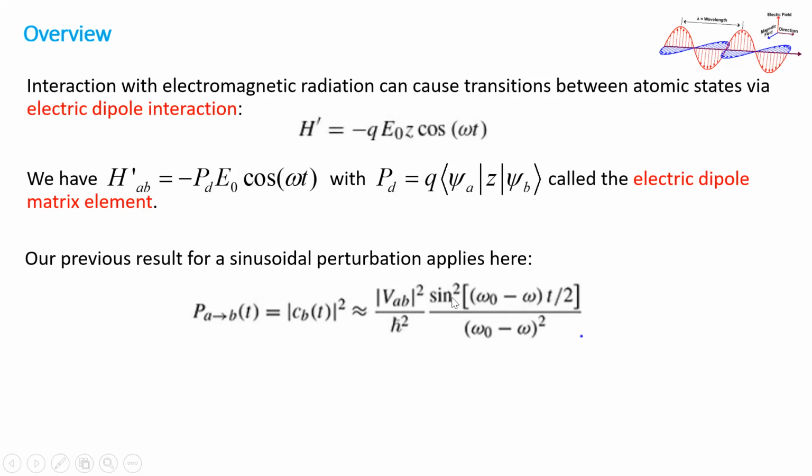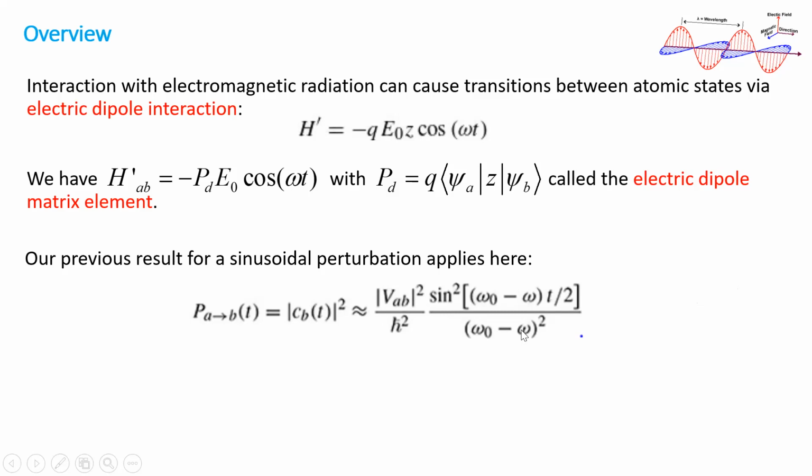So this is an oscillating probability. There's an initial peak and then a point where there's no probability of transition, and then a good probability of transition, and then no probability, and then appreciable probability, and so forth, because of the sine squared term. And then the stronger the perturbation V, the stronger the probability of transition.